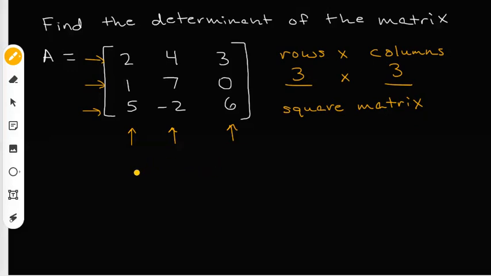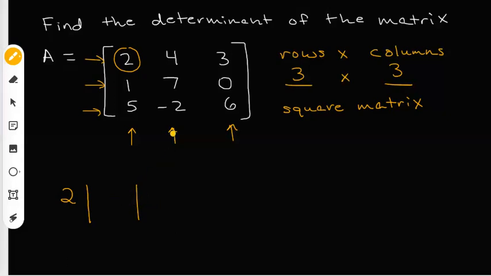What I want to do is find the determinant of this matrix. The first thing that I do is circle the top left number. That's going to go on the outside. And then I'm going to have a 2 by 2 determinant right beside it. So how do I know which numbers to choose?